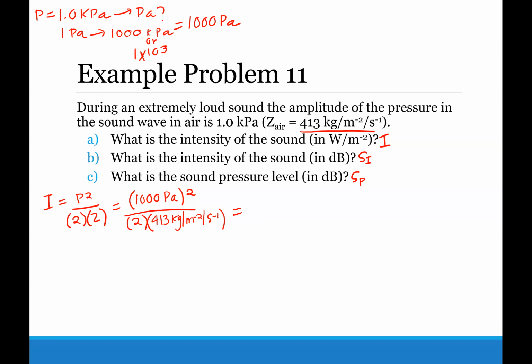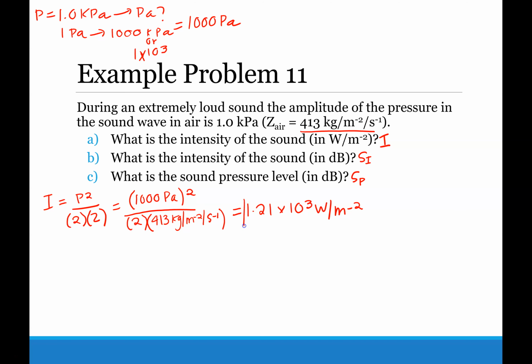And so if you put this into your calculator, you will find that the answer for this problem is 1.21 times 10 to the third, W meters minus 2, or you can say 1,210. Either way it goes, both modes are fine.